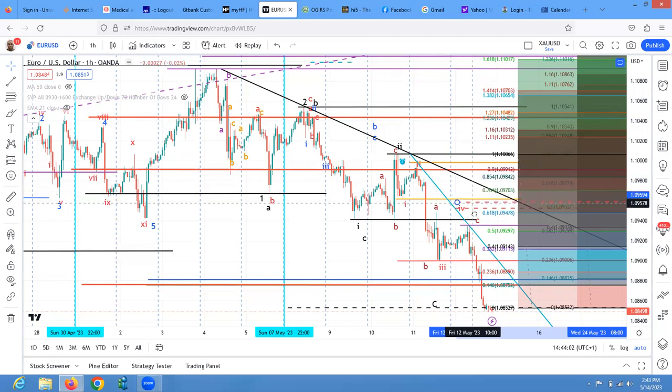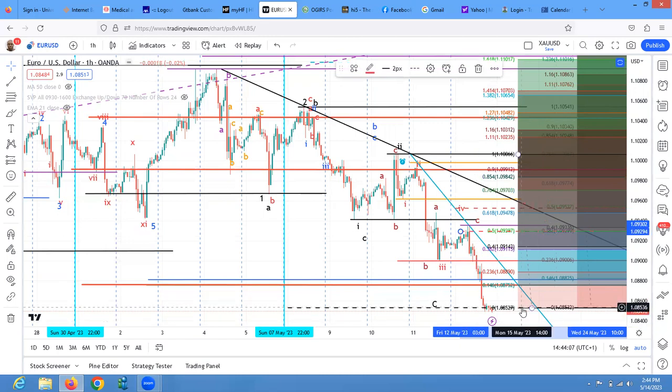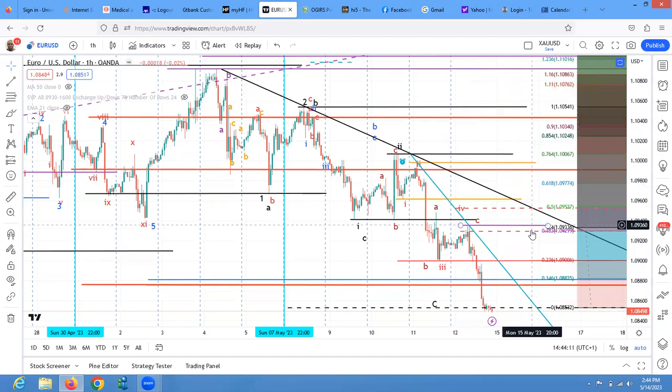That will not favor you. The 4th of it will be around this area, which is 1.09300.